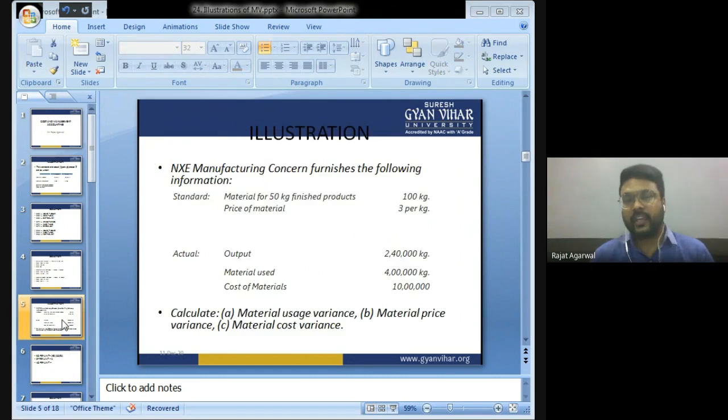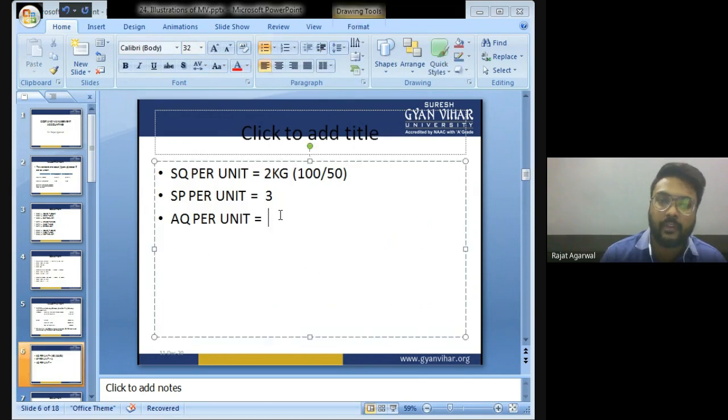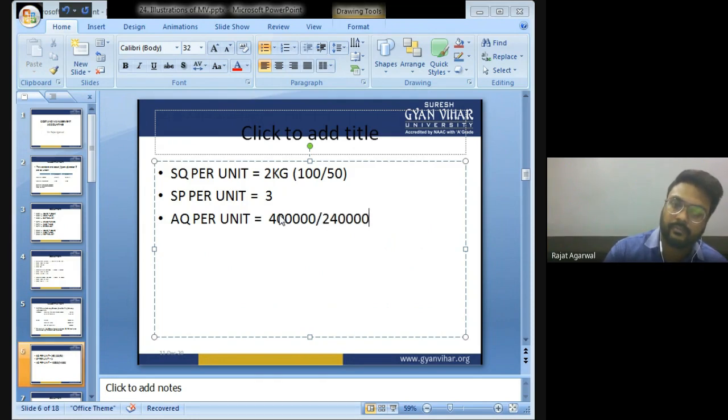To produce 2 lakh 40,000 kg of output, we consumed 4 lakh kg of material. So what is actual quantity per unit? That is 4 lakh divided by 2 lakh 40,000. So let me check.